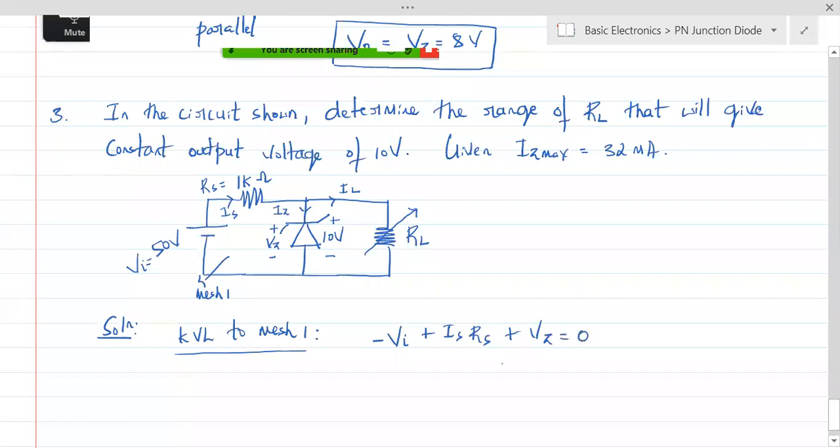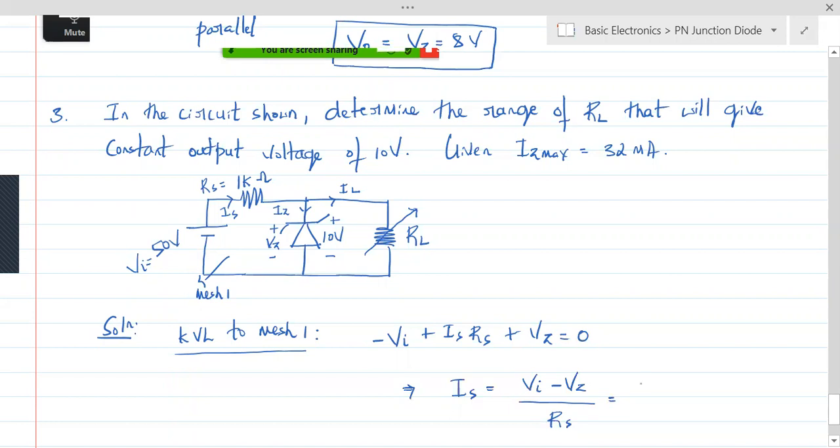This is something that we have been seeing. So this implies that the input current Is is given by (Vi minus Vz) divided by Rs. So let's find out Is now.